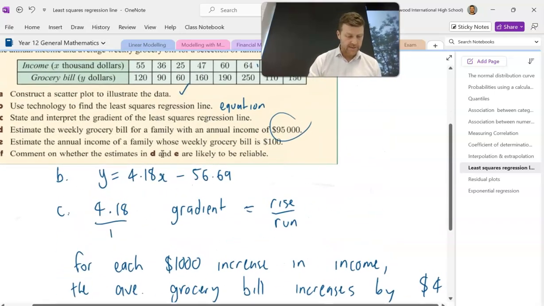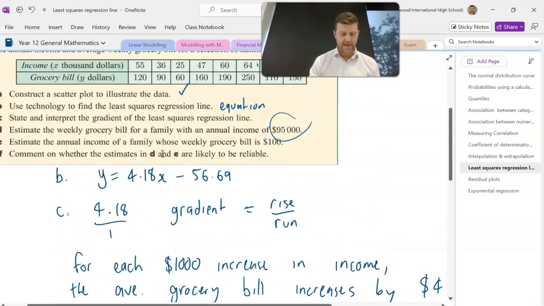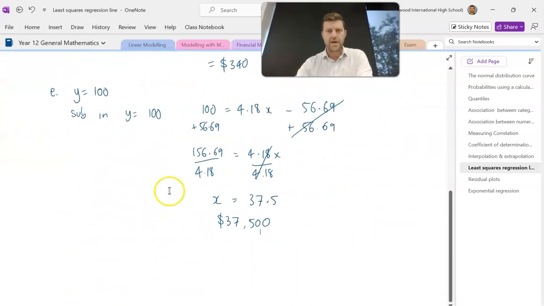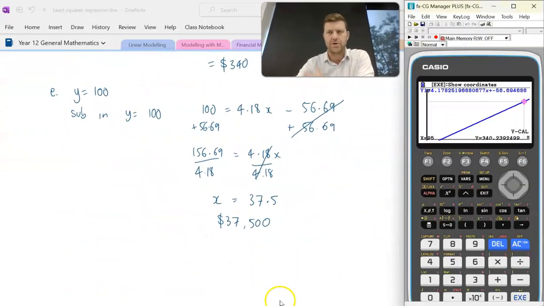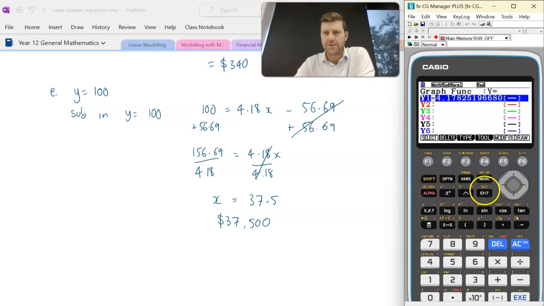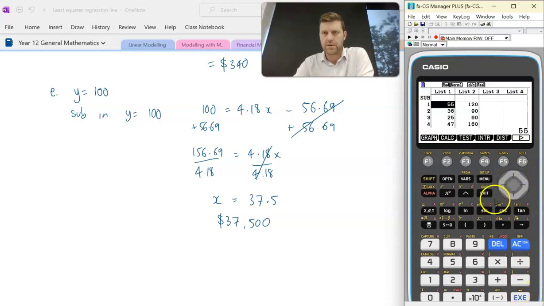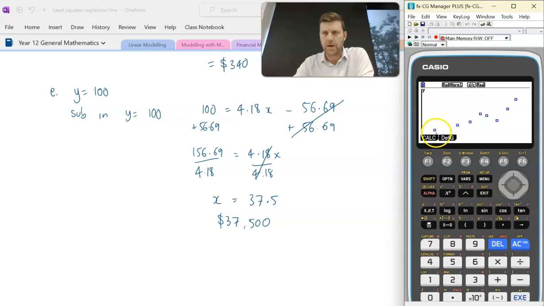So the last part says, comment on whether the estimates in D and E are likely to be reliable. Now, this is a little bit tricky, but if I go back to the stats function and look at the scatter plot, this is my lower pole and this is my upper pole.